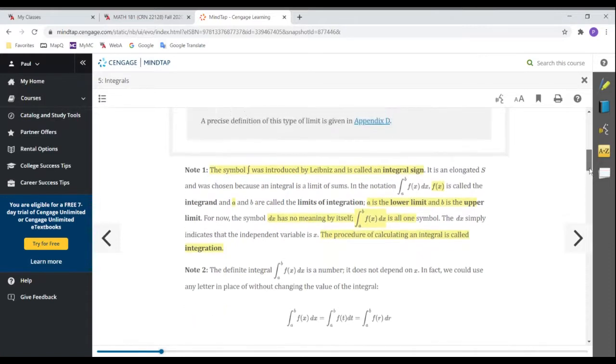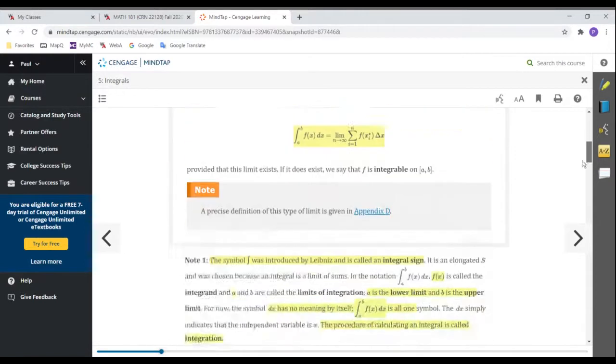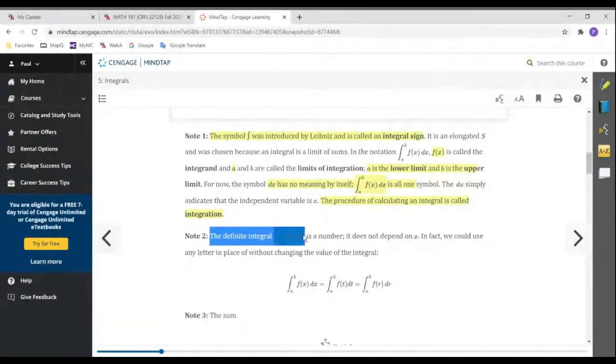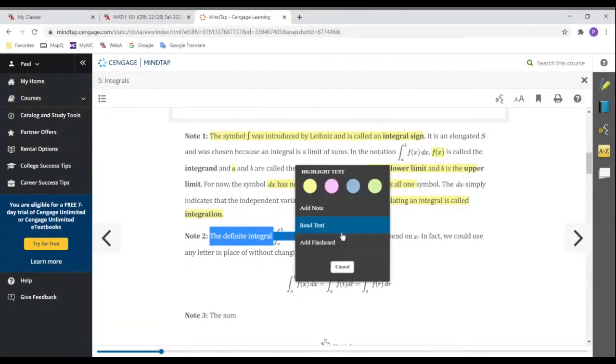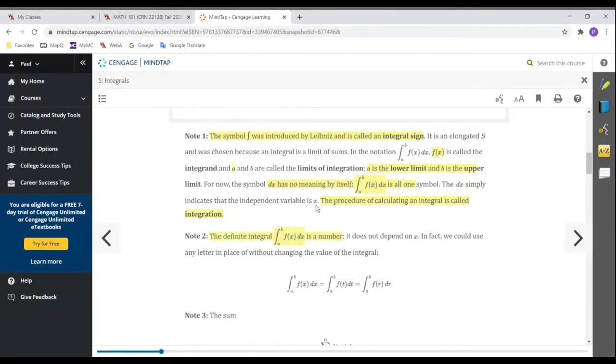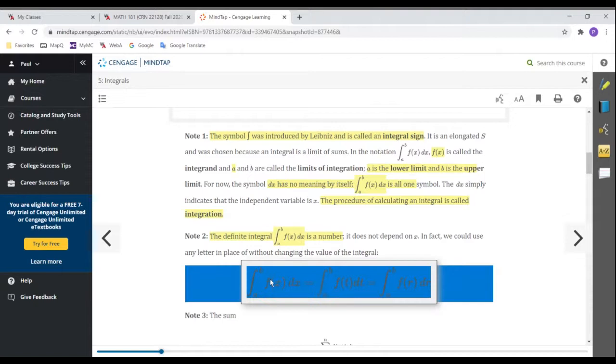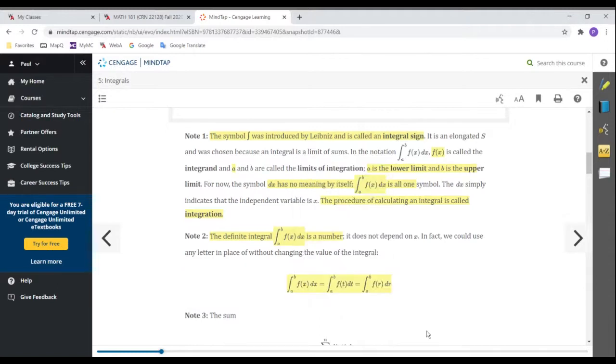So we're looking at these notes that come after the definition. The second note is that this definite integral is a number. It does not depend on x. So what they have here are these three integrals.